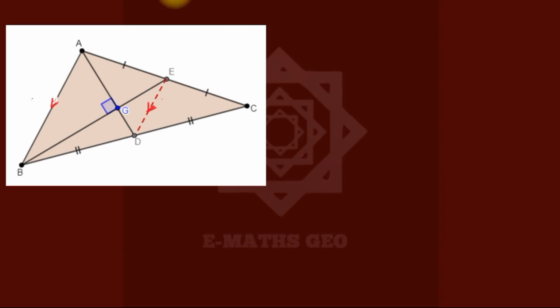So ED is AB over 2 by the mid-segment theorem. ED is equal to AB over 2 by mid-segment theorem.